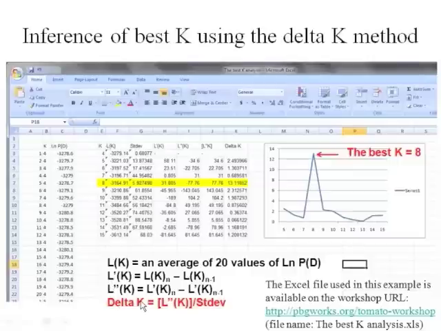Finally, you can calculate the delta K by dividing the absolute value of the double prime L(K) by the standard deviation of the likelihood values.